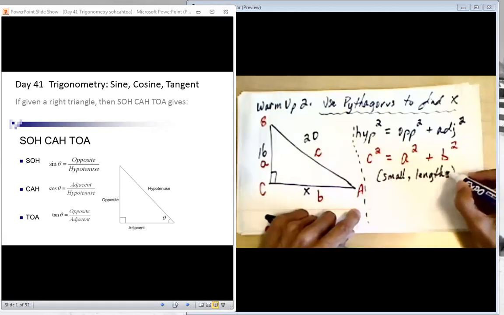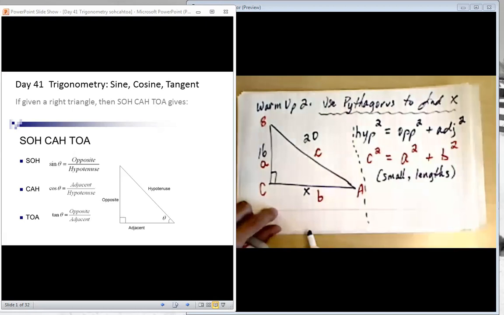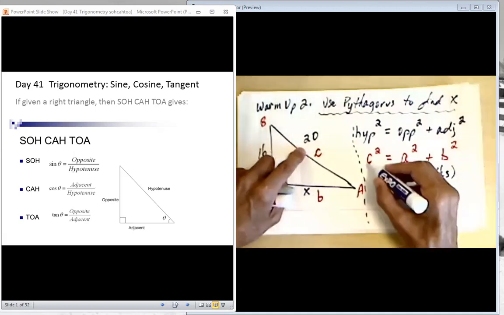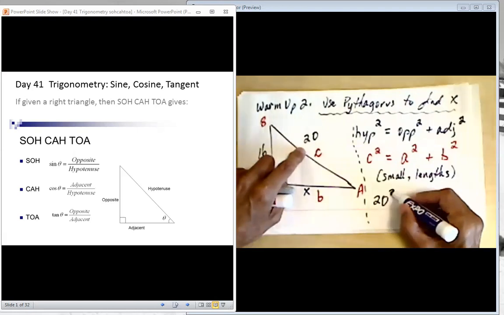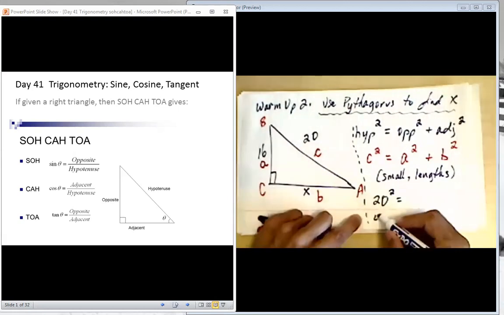So what's the length C equal to? That's a 0, believe it or not. 20. So instead of C, we got 20 squared. It will be 400. Yeah, that's true.